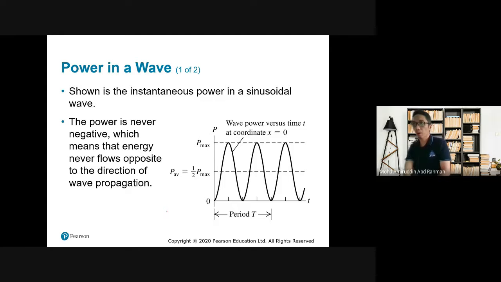Okay, so we also have power in a wave. It is shown as the instantaneous power in a sinusoidal wave. The power is never negative.